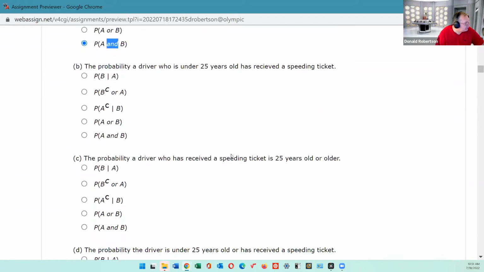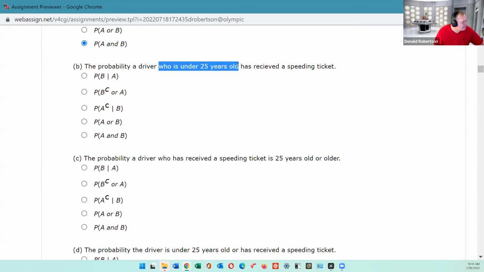Now, this one I don't think we saw. The probability that a driver who is under 25 years old has received a speeding ticket. Now, the English language doesn't always write things in the order that you want them to be written. So this bit here, haven't they told me that he's under 25 years old? That's a conditional probability then.